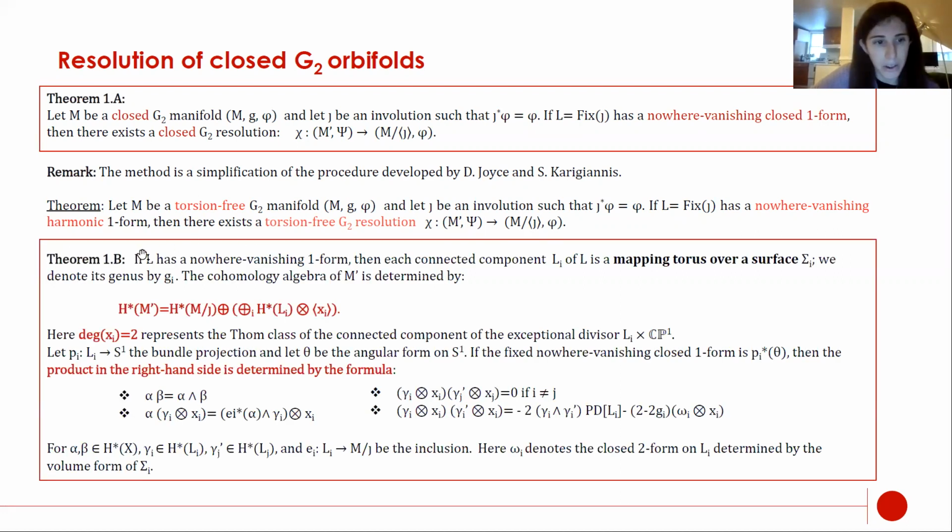And theorem 1b describes the cohomology algebra of the resolution in terms of the cohomology algebra of the orbifold and the singular locus. First of all, as groups, here we have an isomorphism.